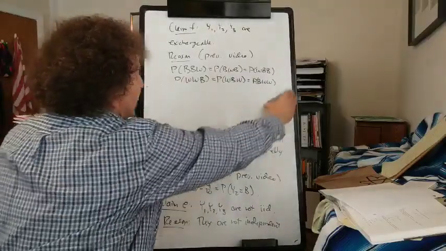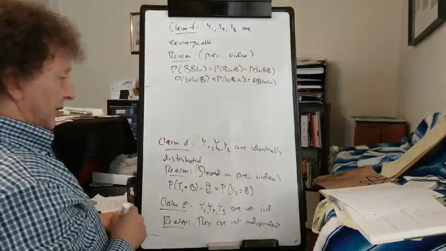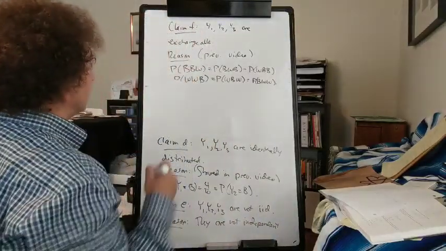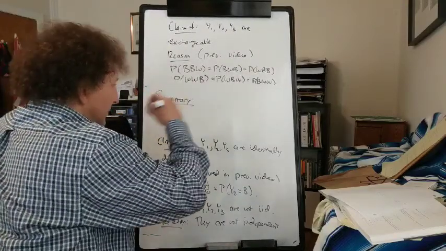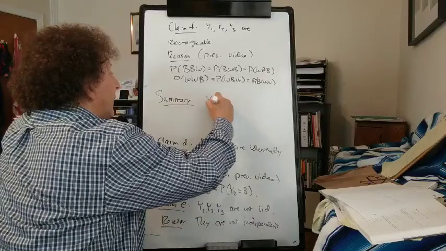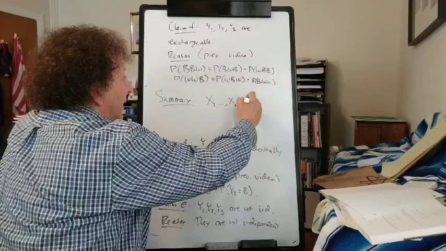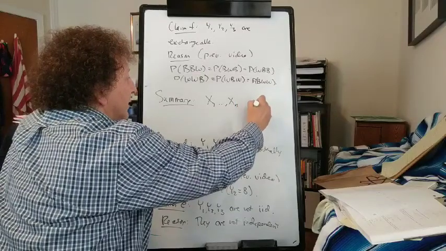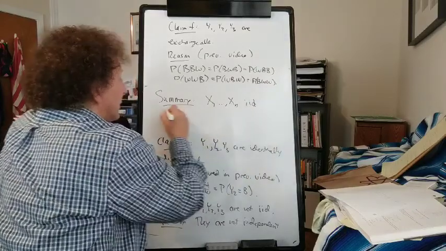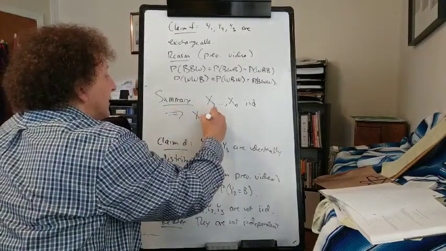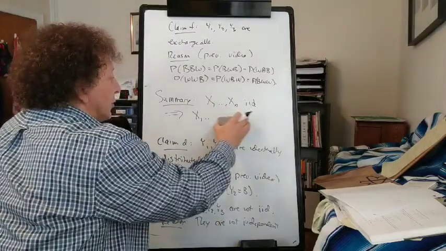So to summarize the relationships that we have between independence, identical distribution, and exchangeability, if x1 through xn are independent and identically distributed, then that implies that x1 through xn are exchangeable.